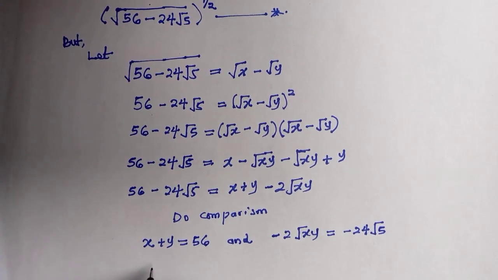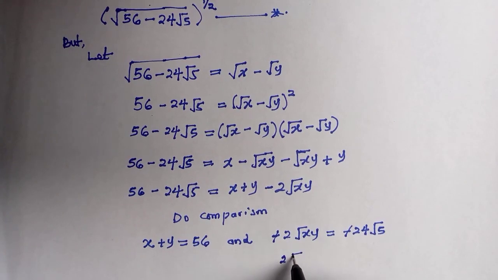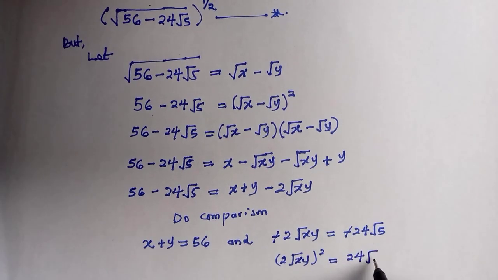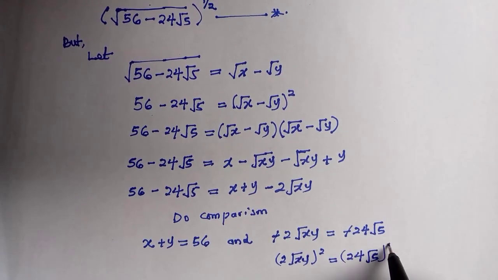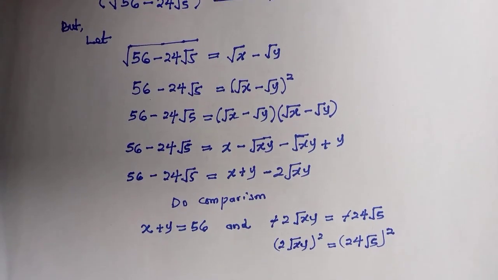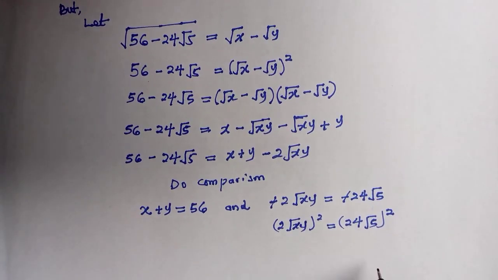Okay, let's deal with the second one here. So we cancel minus, and we're having 2 root of xy. We take the square of it, equals to 24 root of 5. So we want to have consistency. That's why I'm eliminating the square root.